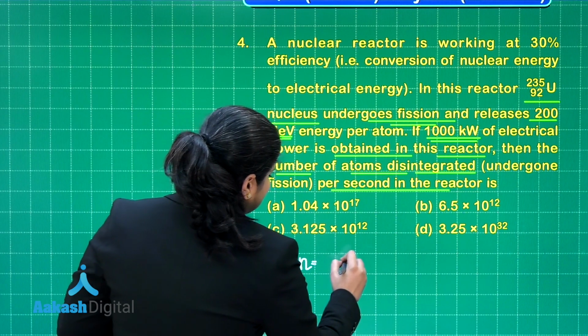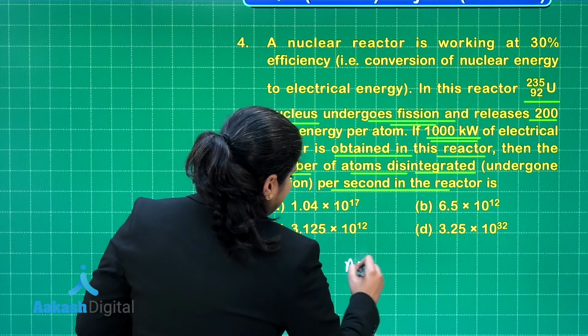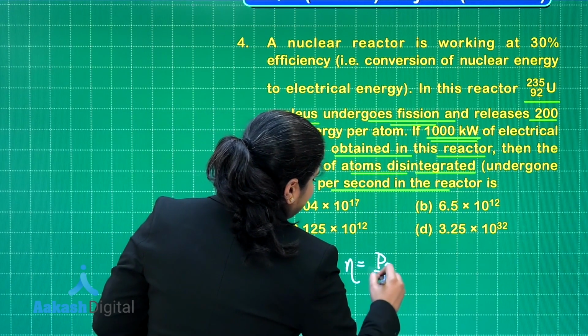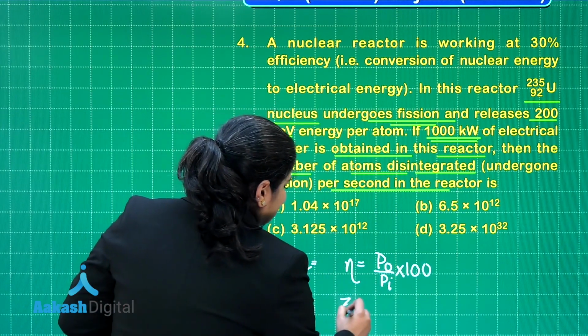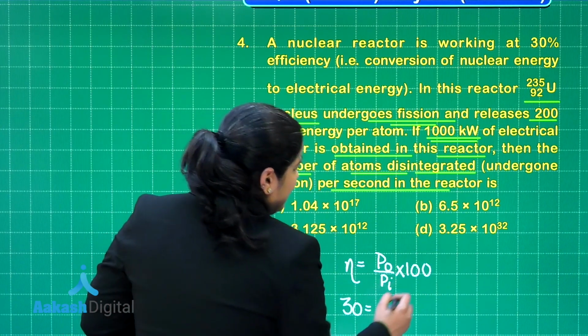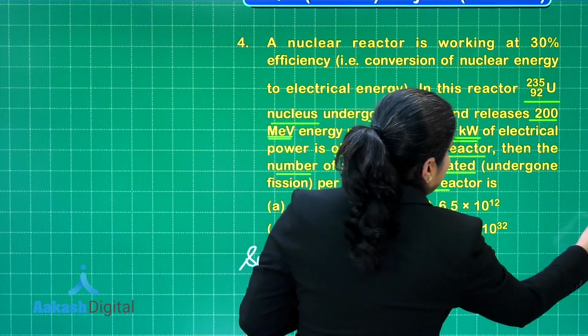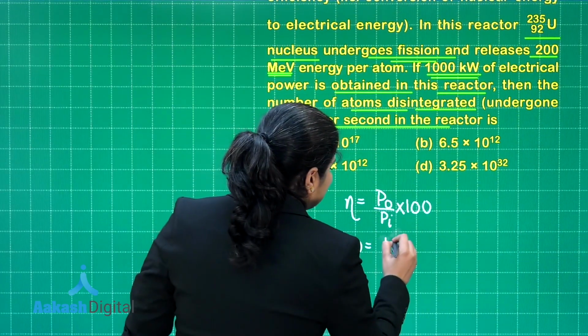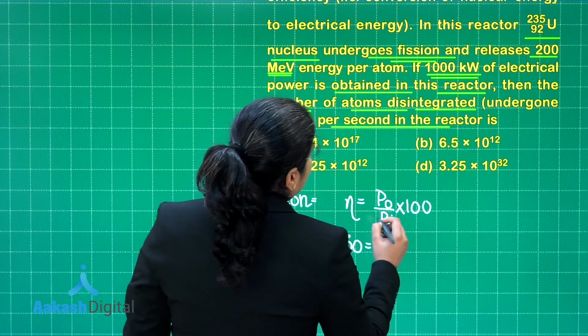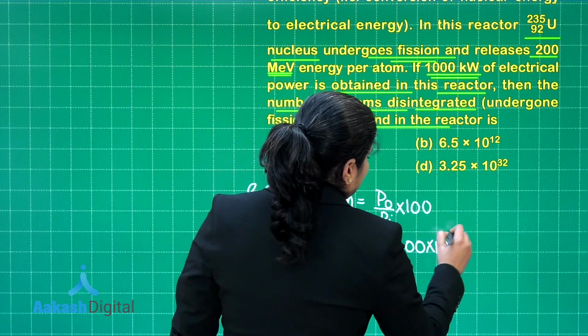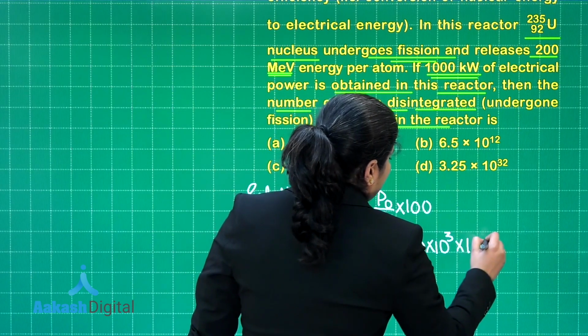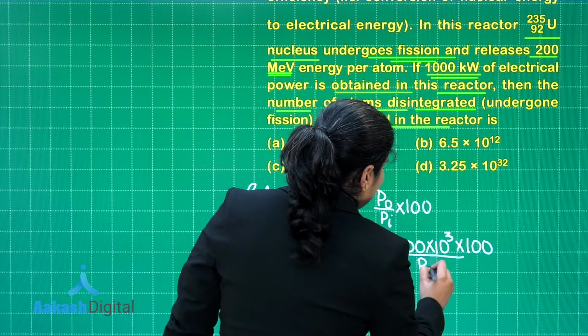See, efficiency is output power upon input power into 100. This is 30. Output power is 1000 kilowatt. So I can write it as 1000 into 10 raised to the power 3 into 100 upon P input.